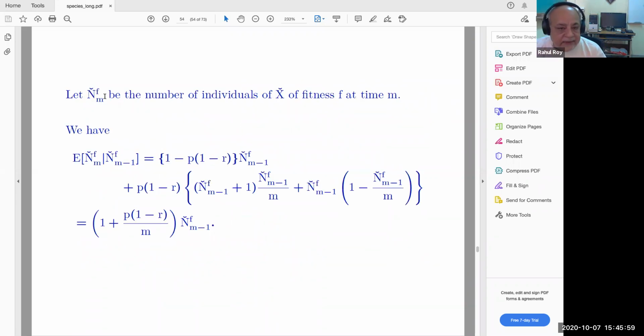And so let n check Fm be the number of individuals of this process of fitness F at time m. Then this expectation, of fitness F at time m minus 1, is the population. What happens here is that with probability 1 minus p times 1 minus r, the individual which is born at time m does not come to F but goes somewhere else.